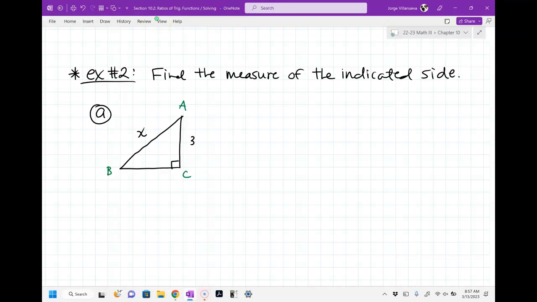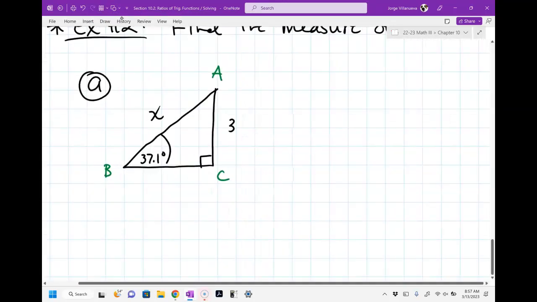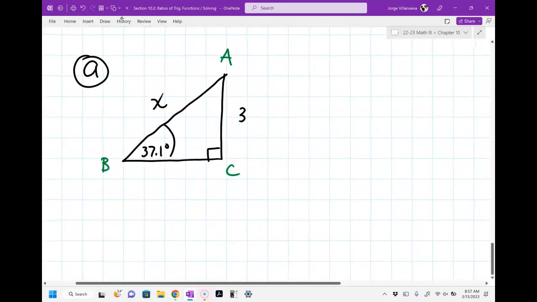So the vertex has a name now, A, B, and C. But they did give us an angle here, 37.1 degrees. I'll zoom in here so you guys can see it. So they're calling the vertices ABC. A lot of times in geometry they call this triangle ABC, because it has those 3 letters as the vertices.